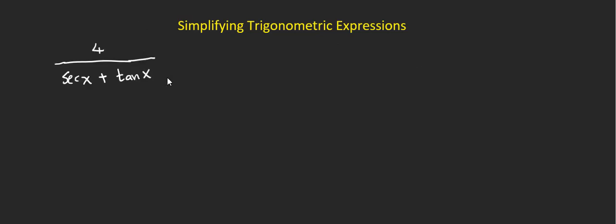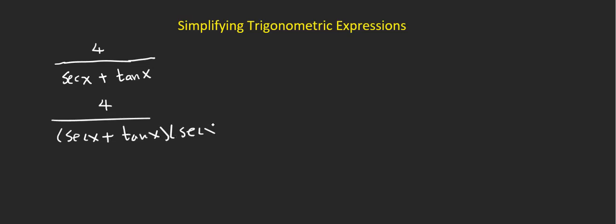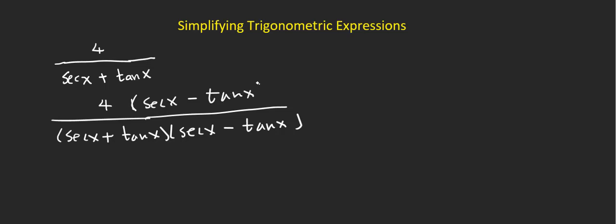Let's take a look at this example. You have 4 over secant x plus tangent x. In this case, you want to multiply by the conjugate, which means multiply the bottom by the quantity secant x minus tangent x, and then multiply the top by the quantity secant x minus tangent x.